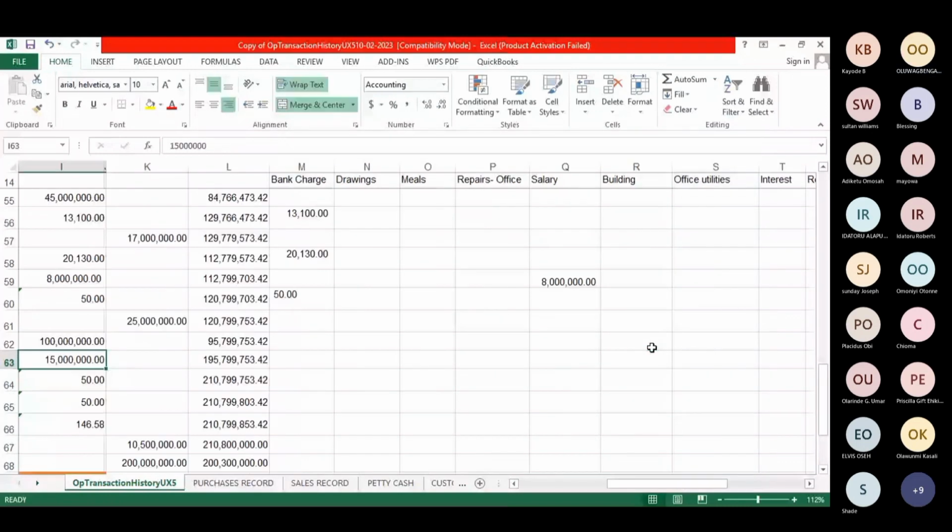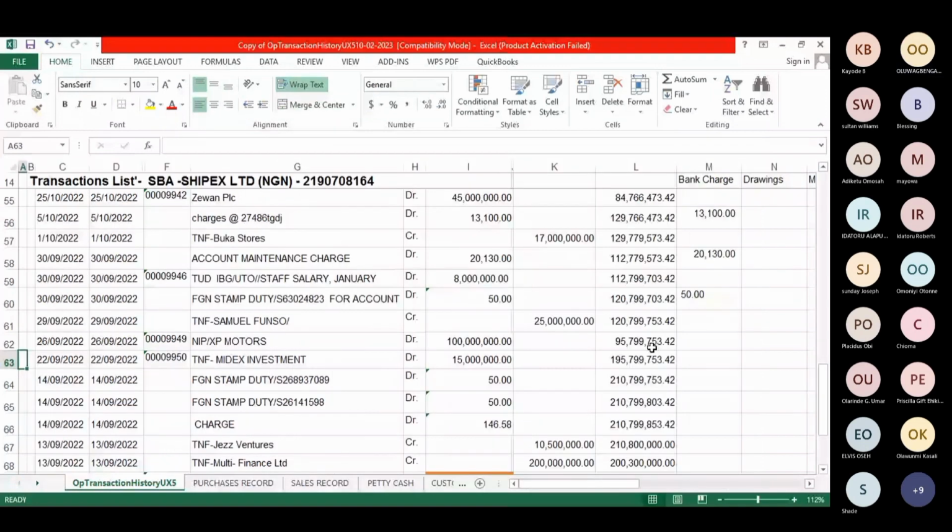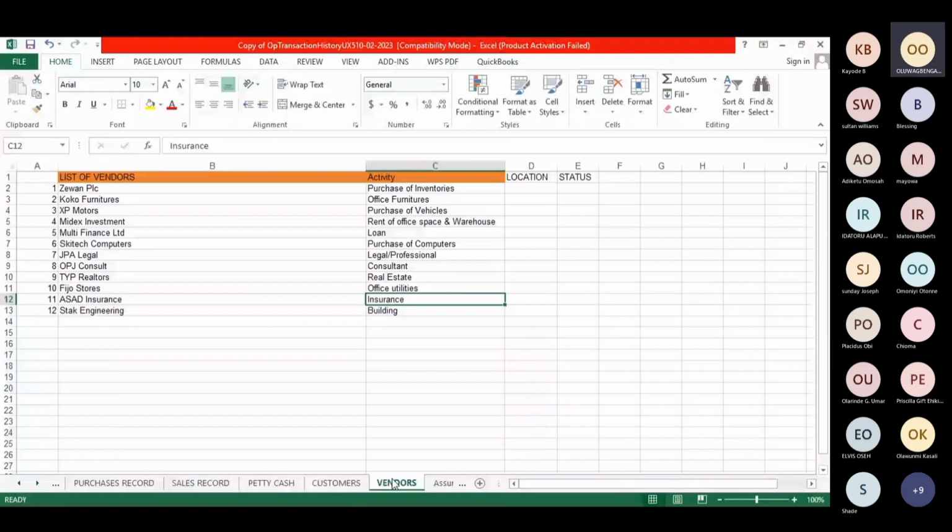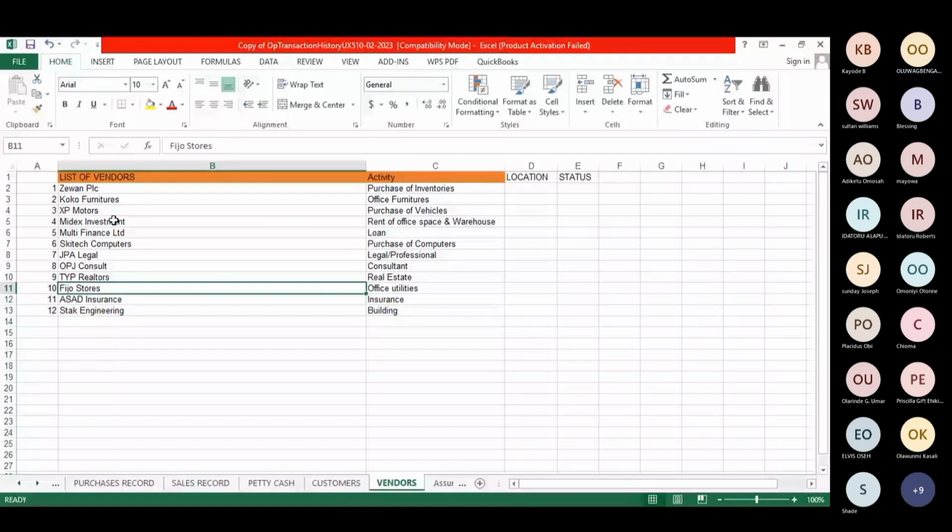Then this Midex investment. That means we paid Midex investment. I'll go to my vendor list. So just as you can see, this SP Motors, purchase of vehicle. So Midex investment, rent of office space.